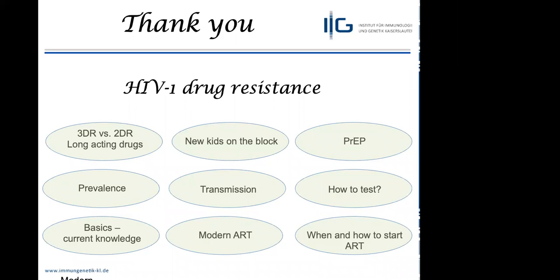So drug resistance might be in the end, and we have to realize that in some patients we are too late. Something went wrong by detecting drug resistance. So we should act to prevent detecting drug resistance.